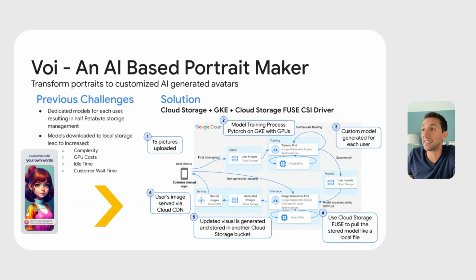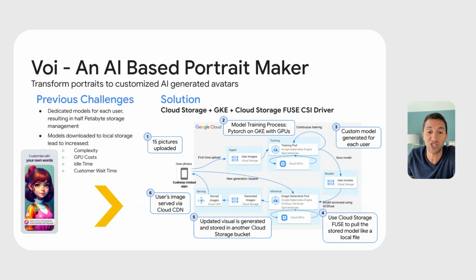What happens is that this model is now loaded and mounted using the GCS Fuse CSI driver. And now this is where a user prompts saying, hey, now make me look like a Greek god. And as part of this, the model is mounted as if it was a local file system, making it much, much faster to spin up that inference process, which is very important because this is the wait time from the user perspective.